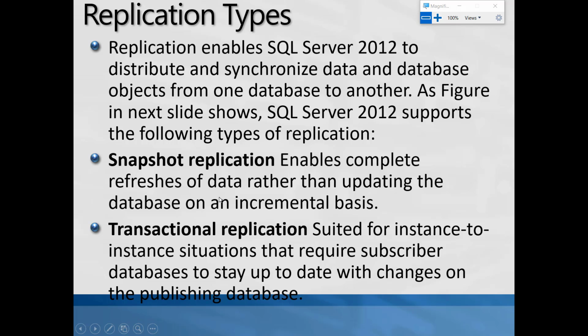Instead of incremental changes done in the publisher being sent to the subscriber, the whole snapshot, which is just the configuration at that point in time, is sent. Suppose at 6:30 you took a snapshot, whatever data and configuration was there, the snapshot has been taken and copied across to your subscriber on the other server.